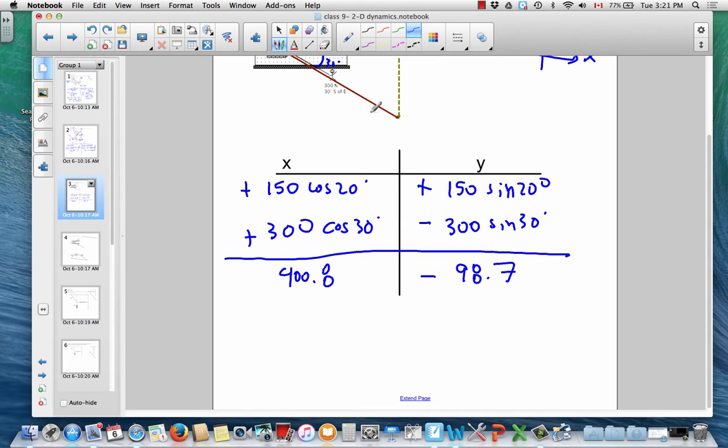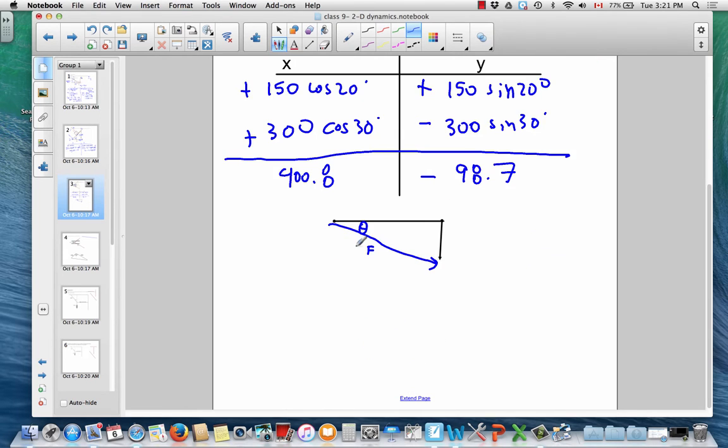So what's the resultant of those two? Well, this is a triangle. These will be perpendicular to each other now, so it's just Pythagoras. This is 400.8 and this is 98.7. So we can now calculate that and find out what the resultant force is and the resultant angle.